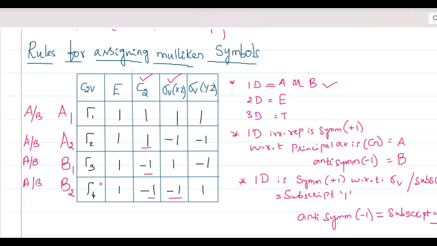So finally, the character table can be completed by performing symmetry operations on basis vectors. Then we get the complete character table for the C2v point group. That is the actual character table for the C2v point group.